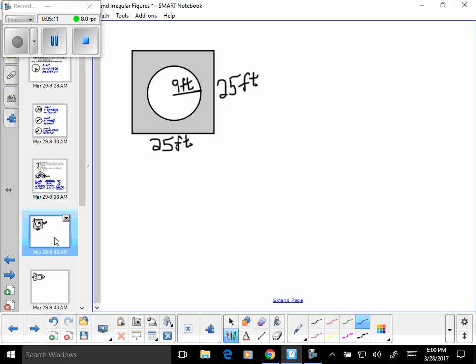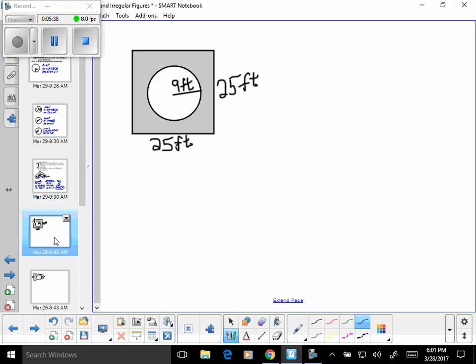So when I look at the diagram, I first of all see a big square there, 25 by 25, and then they're going to take that 9-foot radius circle. It looks like a nut on a bolt, and I'm going to cut the hole out.